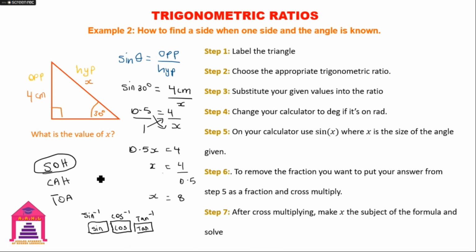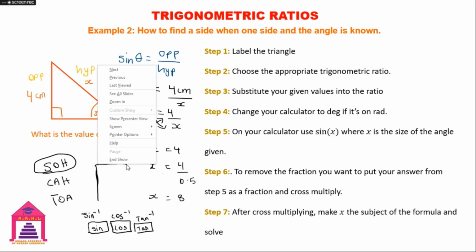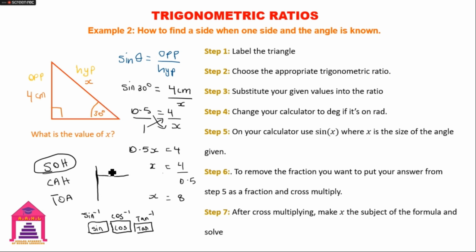Now on your calculator, it must be smaller, sorry about that. On your calculator, when you press sine, you're going to get sine, open bracket. You want to put in 30 degrees.